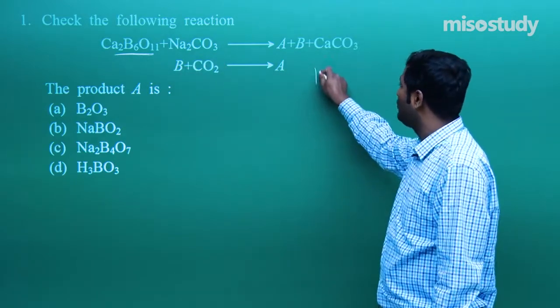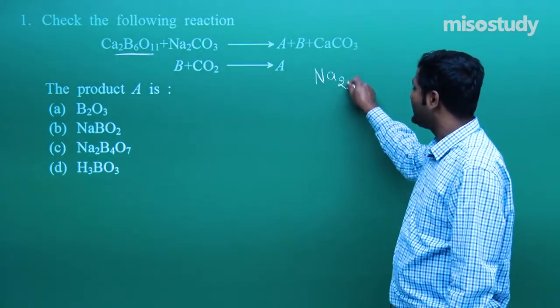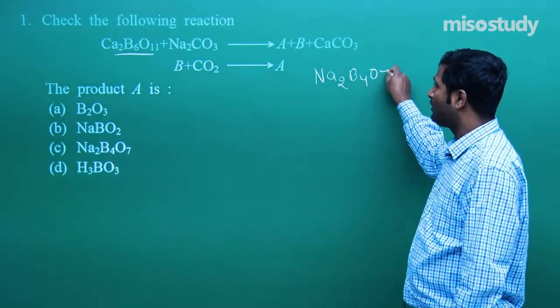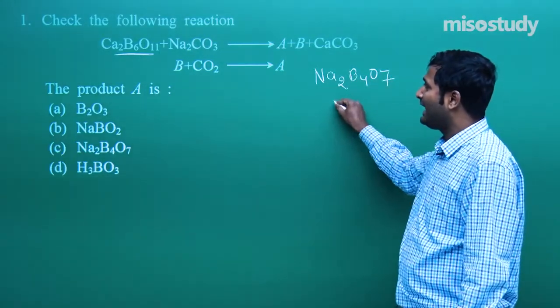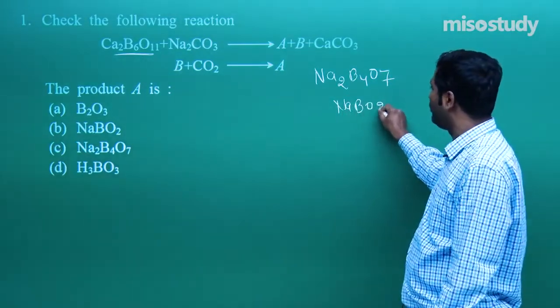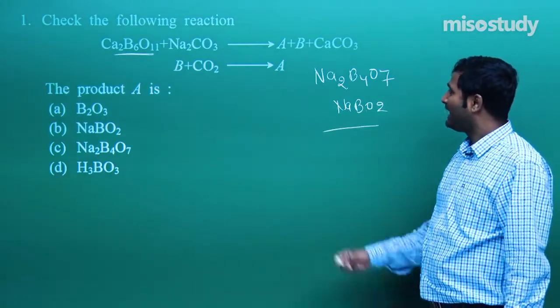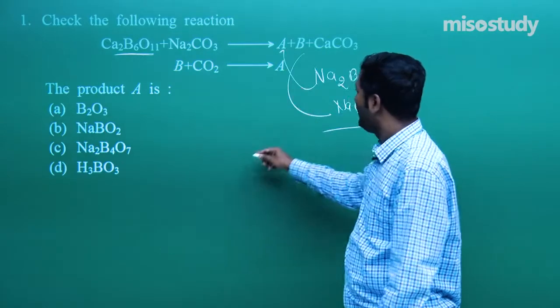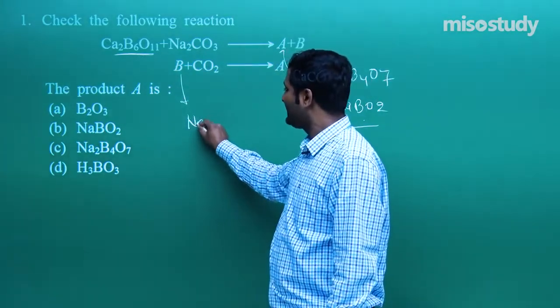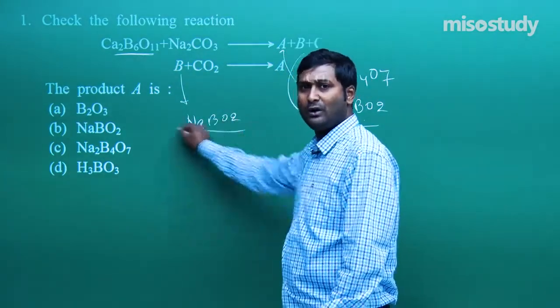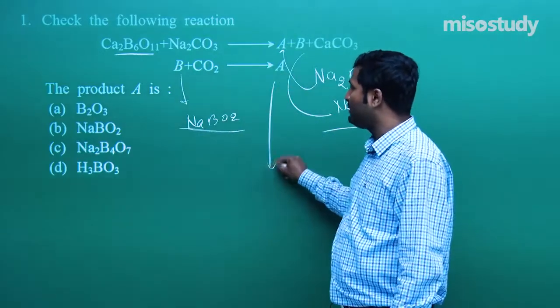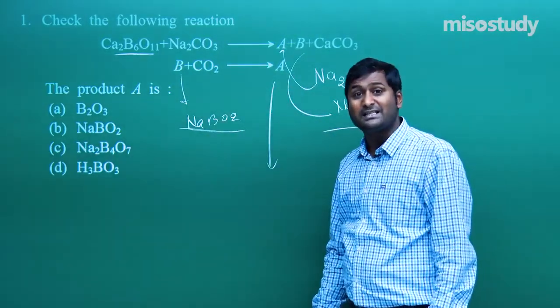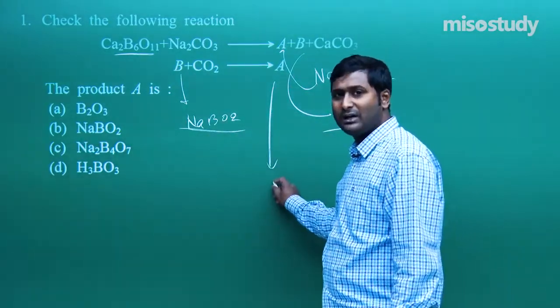It will give you Na2B4O7, and NaBO2. Then this NaBO2 is B and this one is A. And when NaBO2 is treated with CO2, then what will happen?